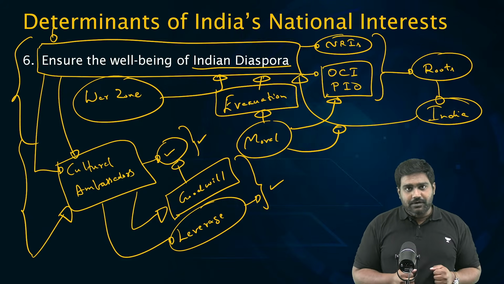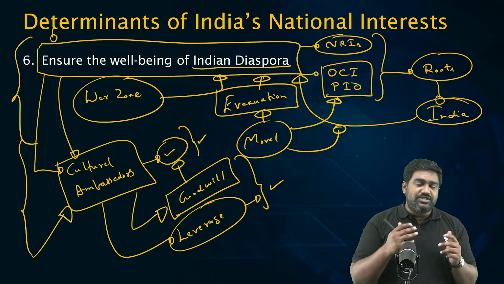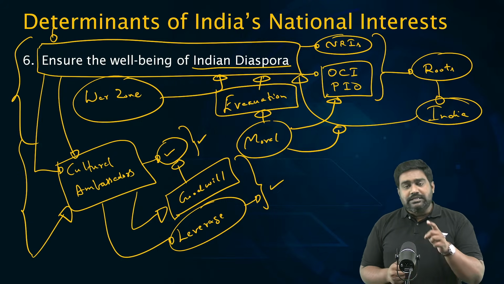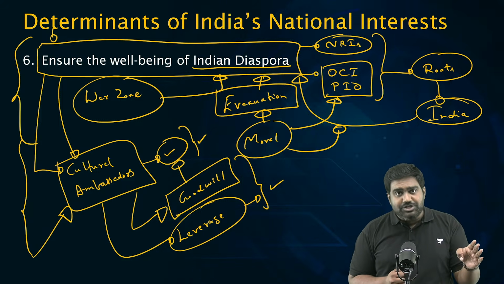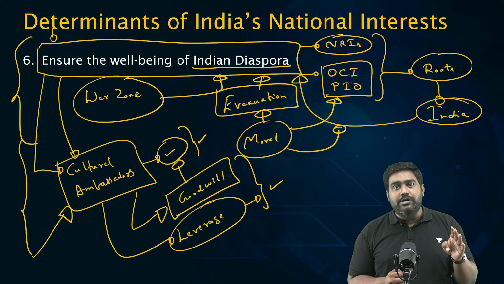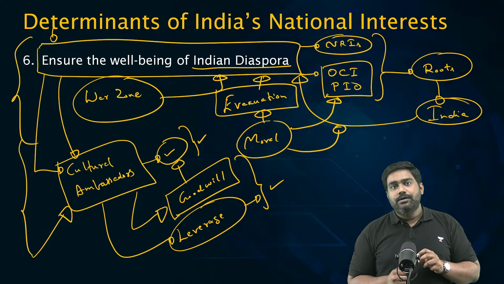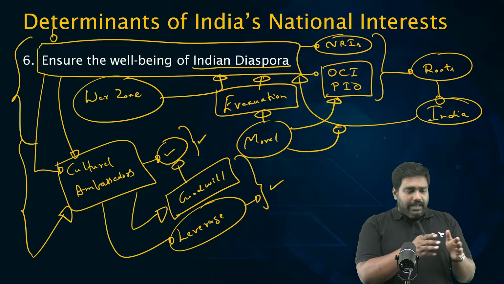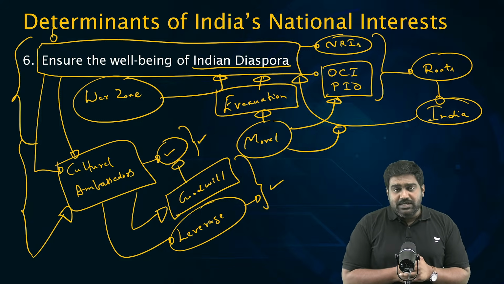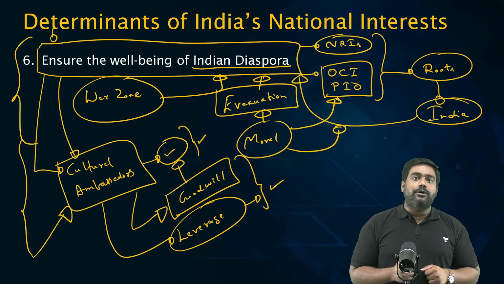In 2005, when the historic India US nuclear deal was struck, the then Manmohan Singh government had leveraged the influence of the Indian community, the Indian American community, to exert a positive pressure on the then George Bush government that played a role in ensuring that the India US nuclear deal was successfully executed.